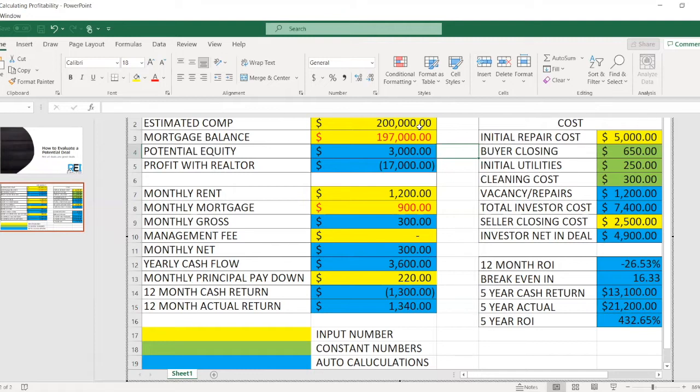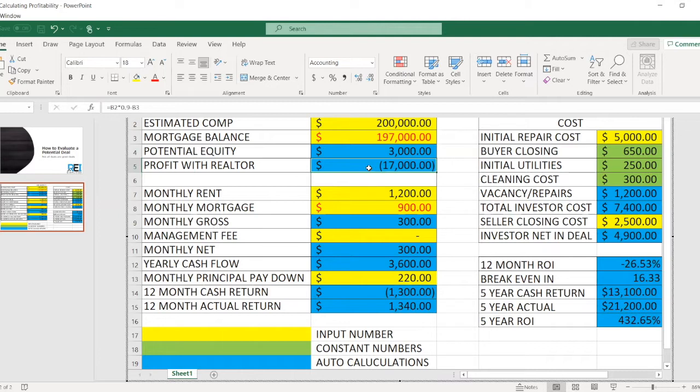So as a rule of thumb, no matter what house we are selling or purchasing, we always look down the road. When it's our turn to sell that property, we're going to be the ones paying those closing costs. So I tell the sellers, if the seller were to list this property with a realtor based on the fact that they owe $197,000, they are negative $17,000 out of pocket to sell this house.